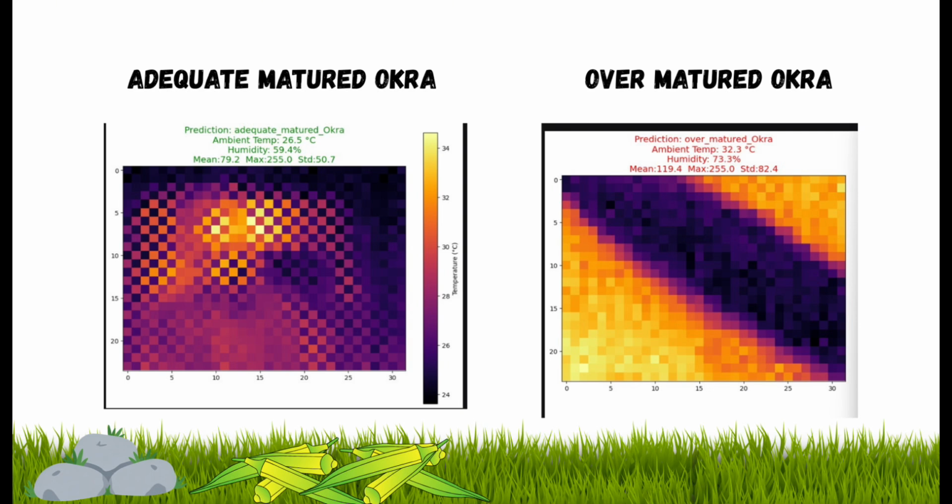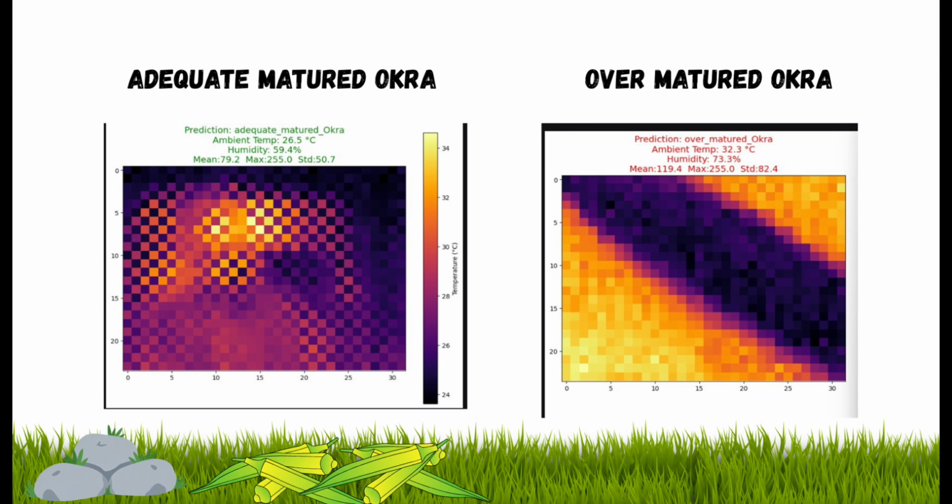as adequate matured okra. So now look at the right side, which is an overmatured okra. Here the room temperature is slightly higher at 32.3 Celsius, but the most important thing is the thermal pattern. The patchy heat distribution happens because overripe okra becomes fibrous and loses moisture, which causes it to trap and release heat differently.